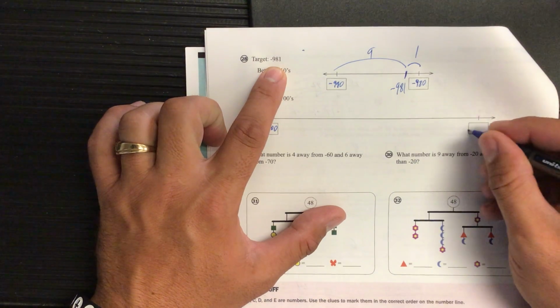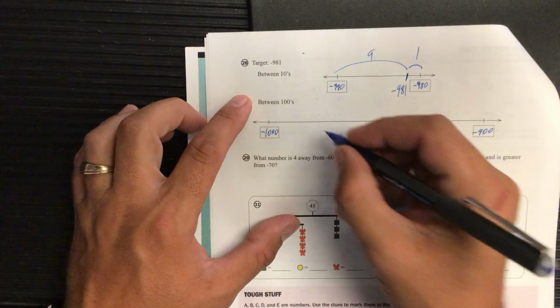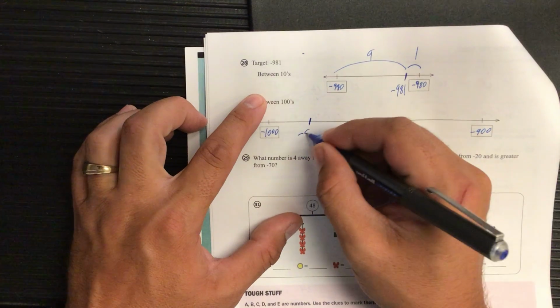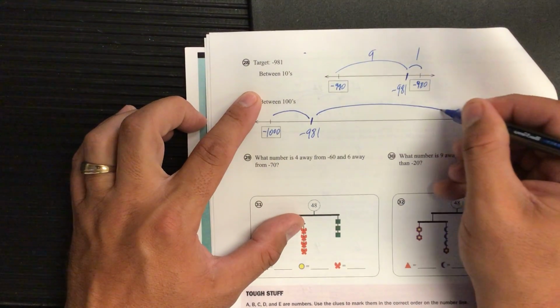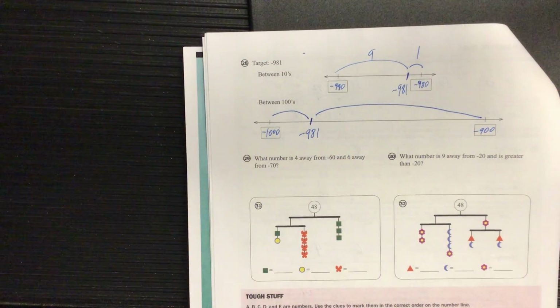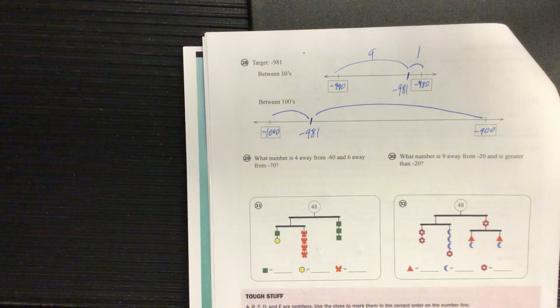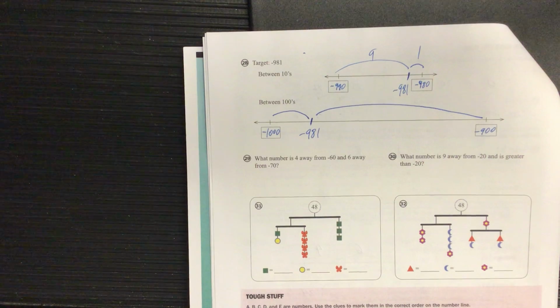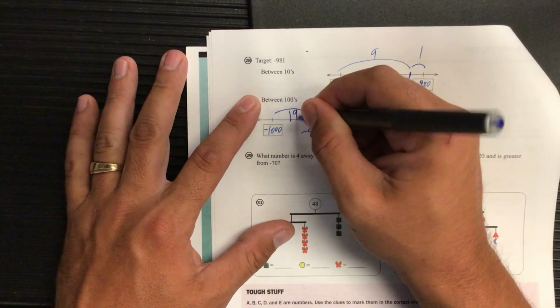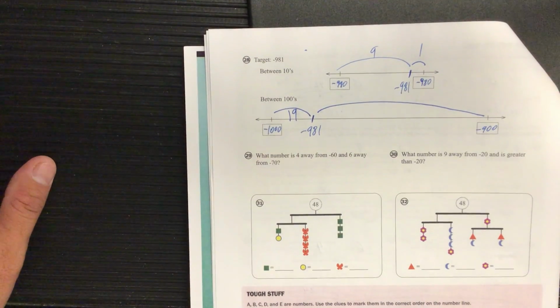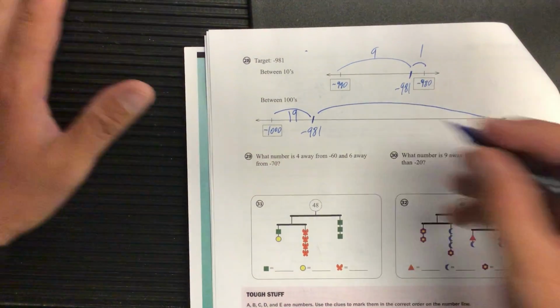Negative 900. So negative 981 would be here somewhere. And the distance? Like, I would say 19. And 81. 81, very good.